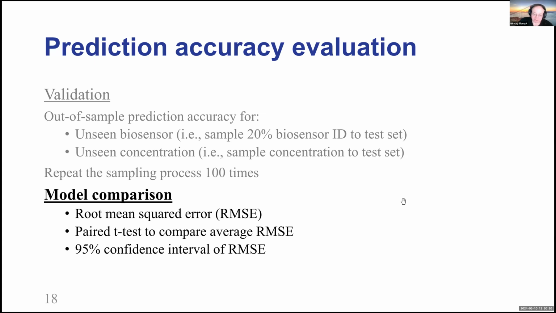So the question is, what should be a large enough difference for us to conclude that the difference is statistically significant? Well, here we took a statistical approach to this. Also, since we have 100 replications of this process, we can look at the uncertainty of our RMSE estimates. We can look at 95% confidence intervals.